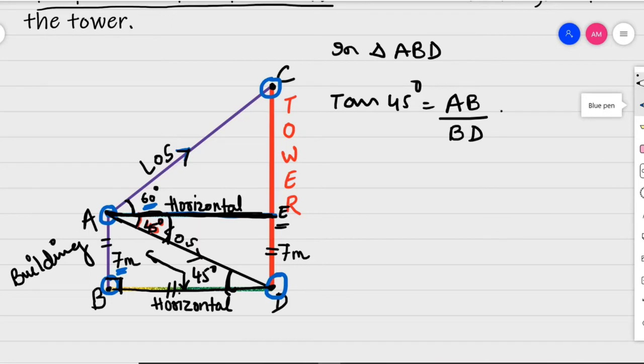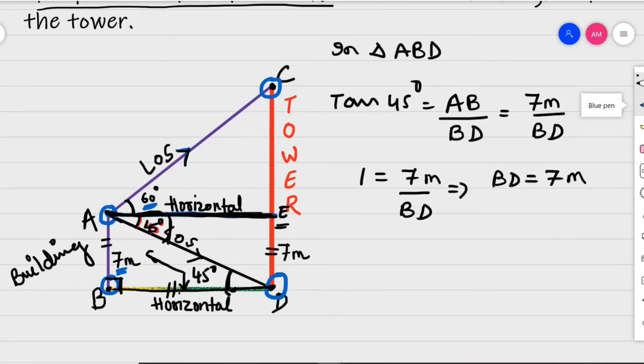Now what is your AB? Your AB is 7 meters and you don't know your BD. Now what is the value of tan 45? You should remember this. So tan 45 is equal to 1. So 1 is equal to 7 by BD. Now from here you get BD is equal to 7 meters if you cross multiply.